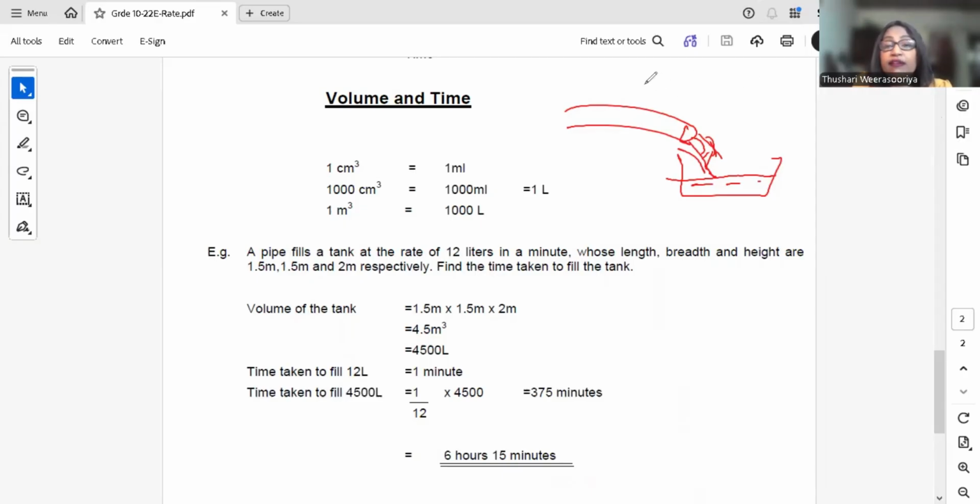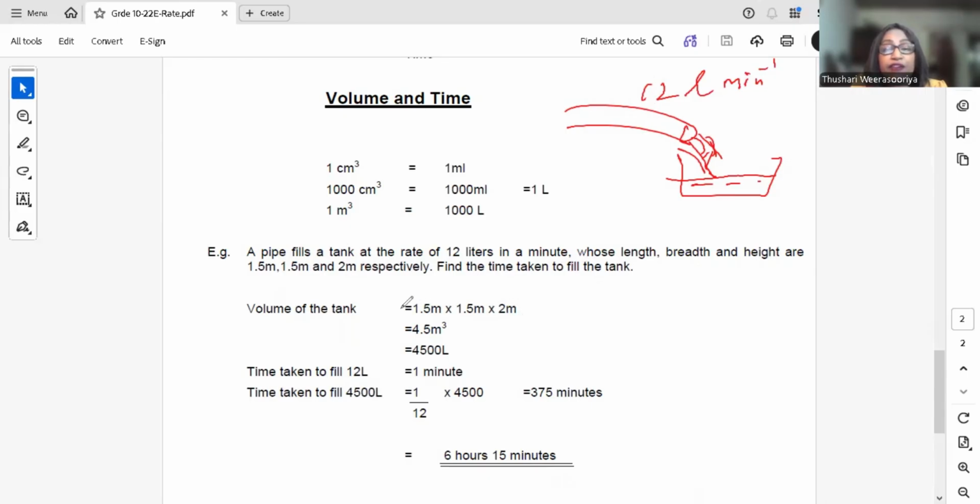Per minute, 12 liters. If I open this pipe for 1 minute, it will flow 12 liters. The tank has a given length, breadth, and height. Find the time taken. First we will find the volume of this tank.